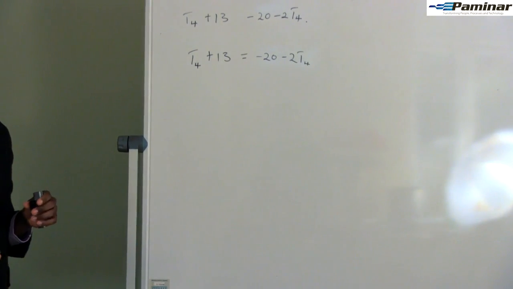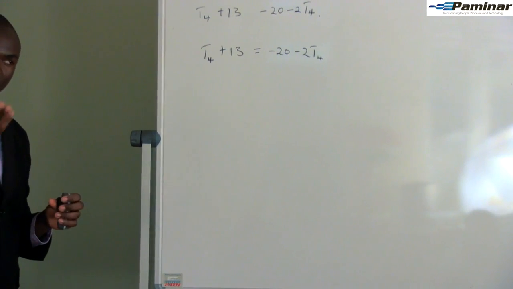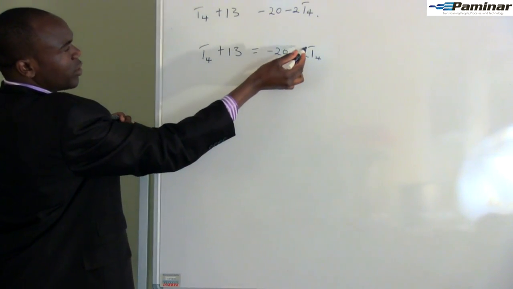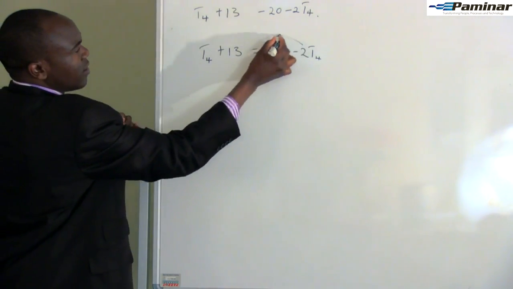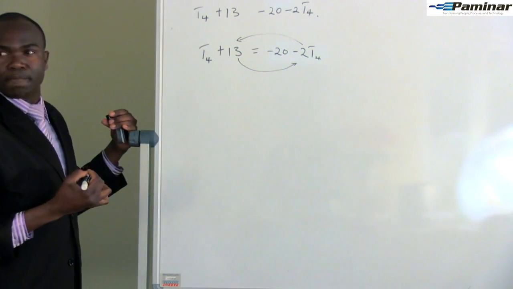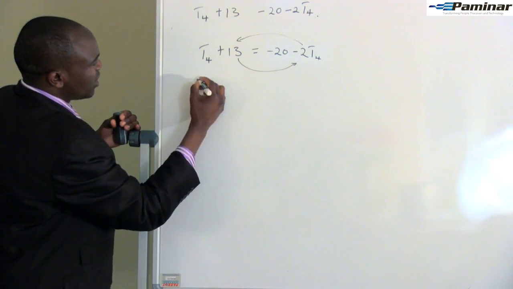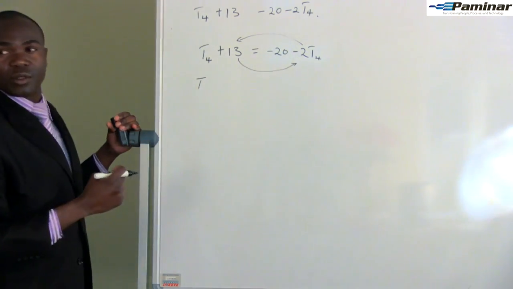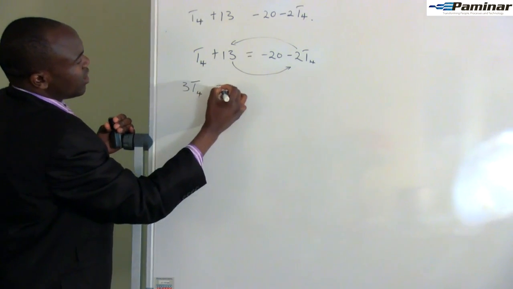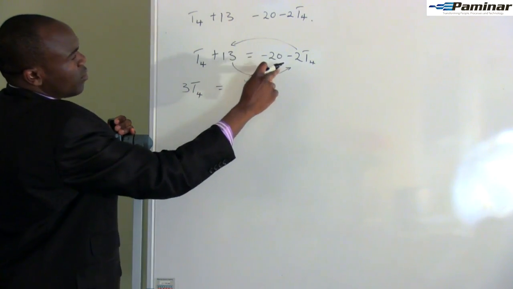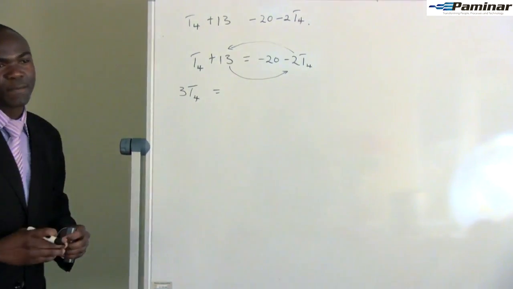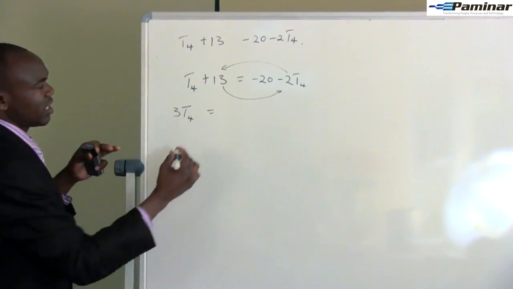And then let's group like terms together on one side. So we take this 2 T4 to this side, and then 13 we take to the other side. So we say T4 plus 2 T4, which is 3 T4, is equal to minus 20 minus 13, which is minus 33.